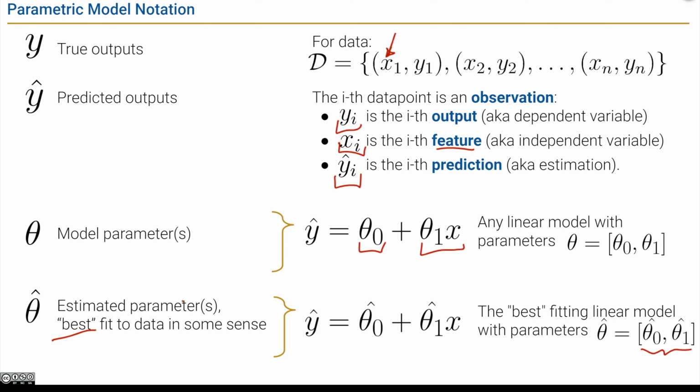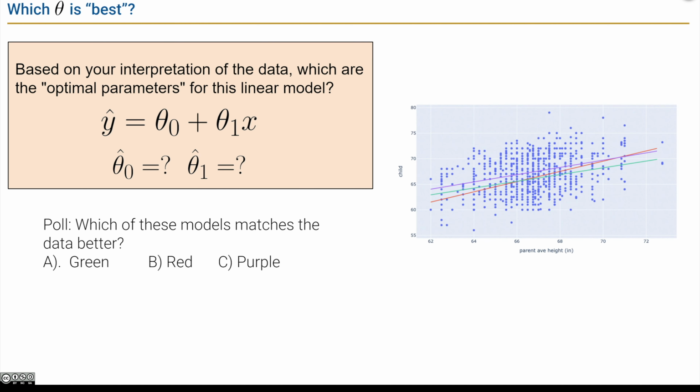If I took a different sample of data, I'd get a different estimate for theta naught and theta 1, which is why I put hats. So again, based on your interpretation, which are the optimal parameters for this model? I gave you three choices. You can take a minute and pick which one you think would be, quote, best.